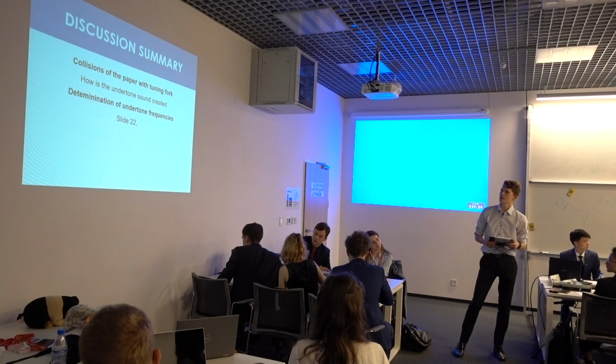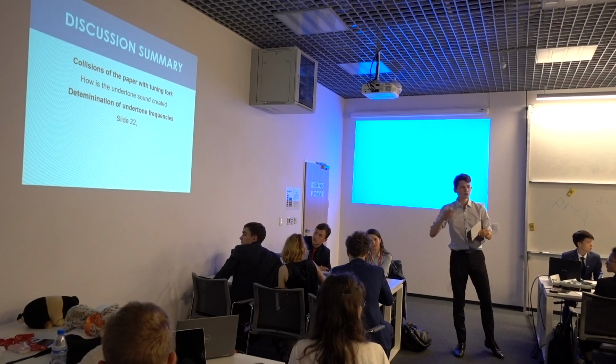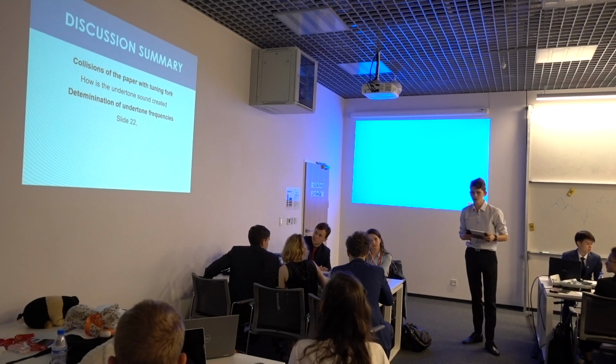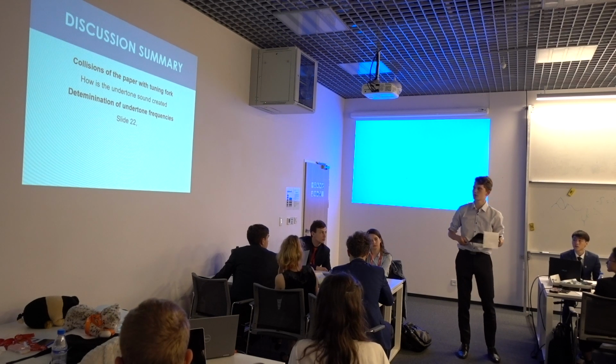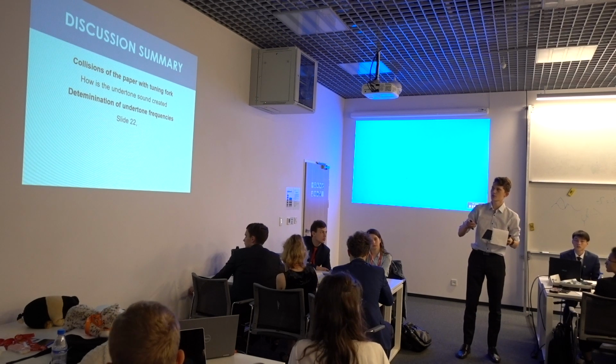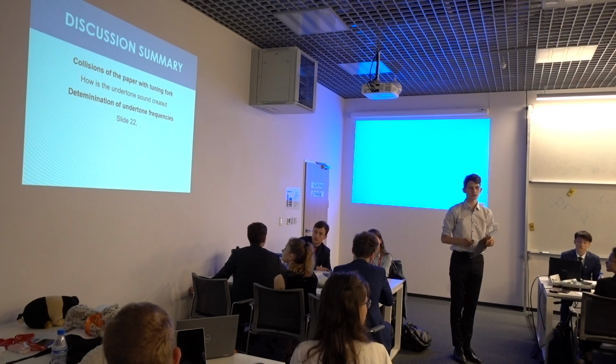Also, they've been determining the undertone frequencies, namely on slide 22, and we think that even though the opponent can go even further, it was much clearer from the opposition. Thank you for your attention.